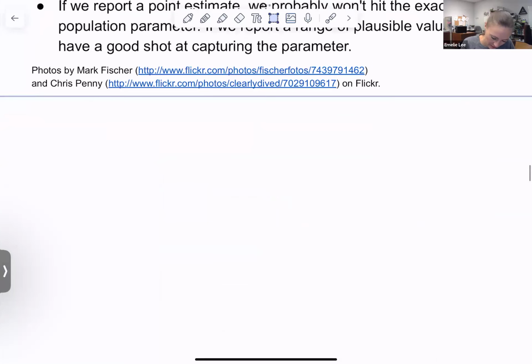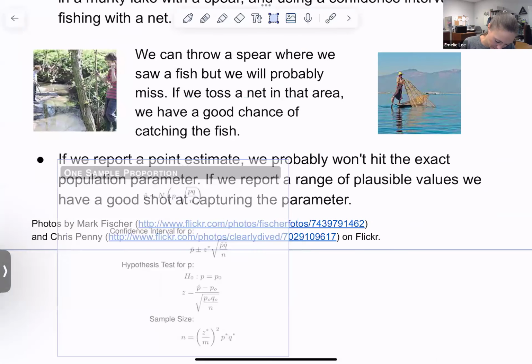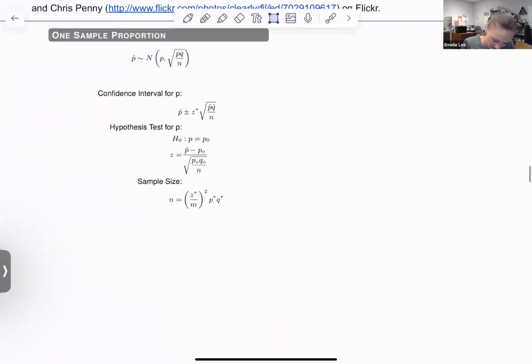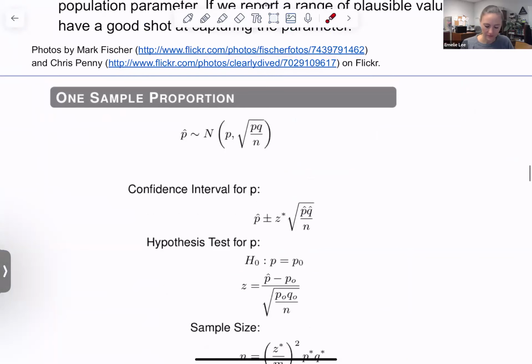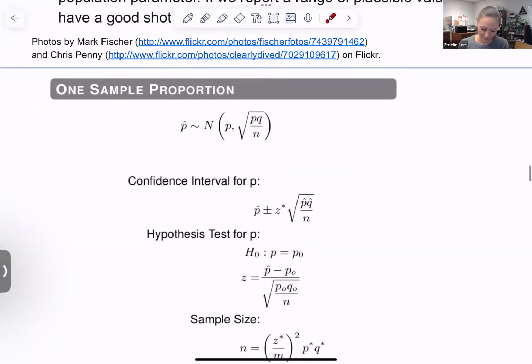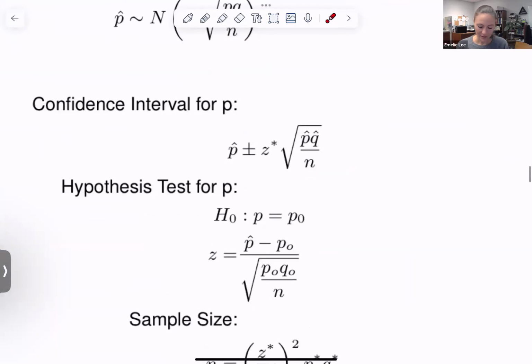Okay? So what I want to do is just pull in this section, this part of the formula sheet. This is just the general theory of the central limit theorem. You can kind of ignore it. Next day, we're going to introduce the confidence interval. We'll actually calculate a confidence interval.